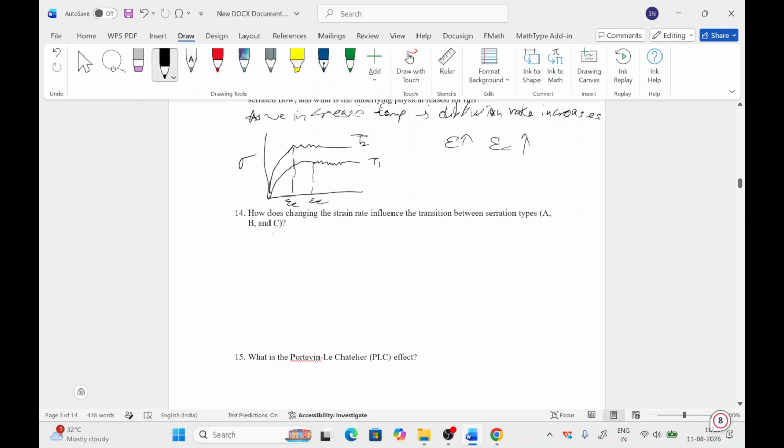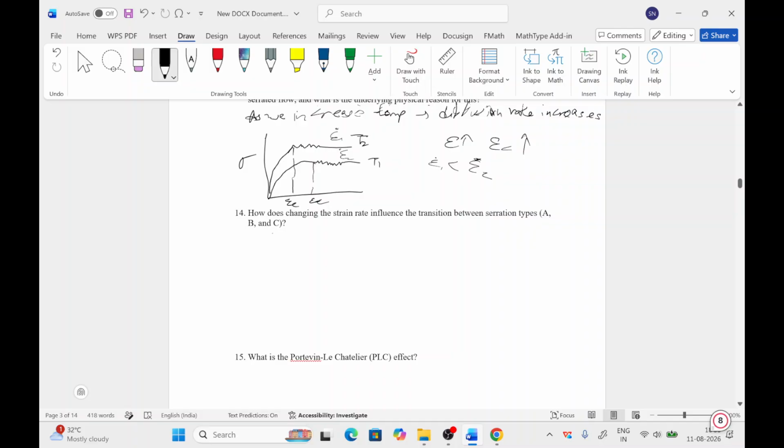So this is at epsilon 1 dot and this is epsilon 2 dot. So epsilon 1 dot is less than epsilon 2 dot. With increasing strain rate, the substitutional atoms cannot catch the dislocation easily, and for serrated flow to start, we have to increase the deformation further. So the critical strain increases.